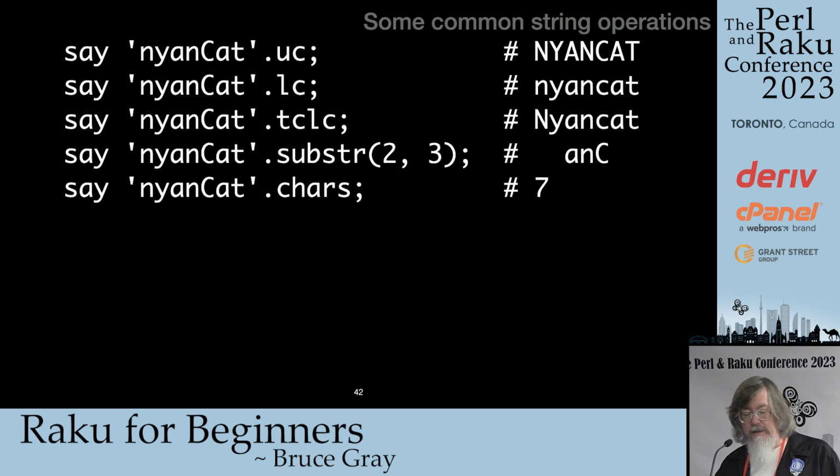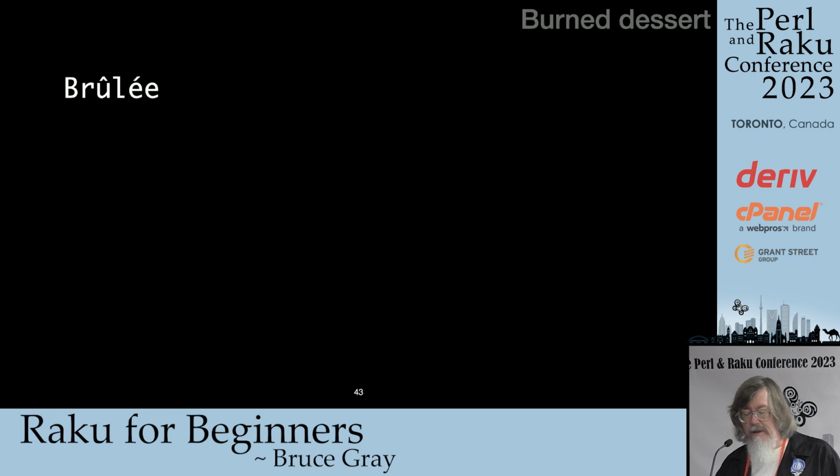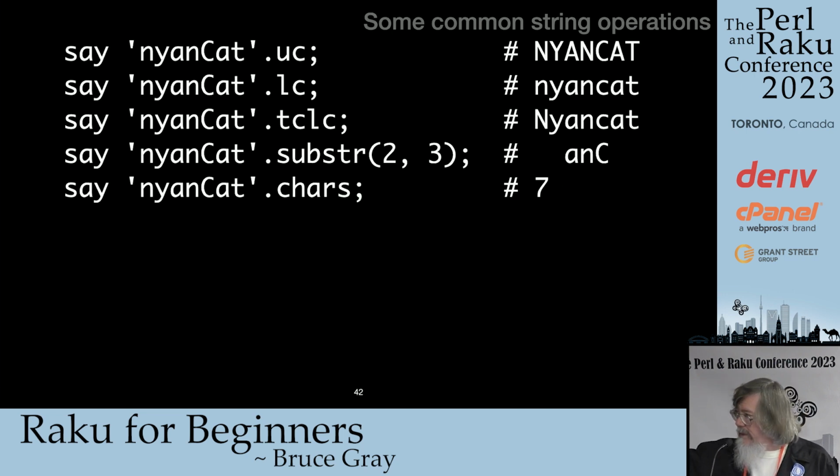For things like UC and LC, you just move it to the end. But notice, you might have seen this in something like Ruby. That substring makes sense. You've got the thing that you're operating on, and you're doing a method call, and then saying what the parameters of the substring are that you want of that string. That makes sense to me.